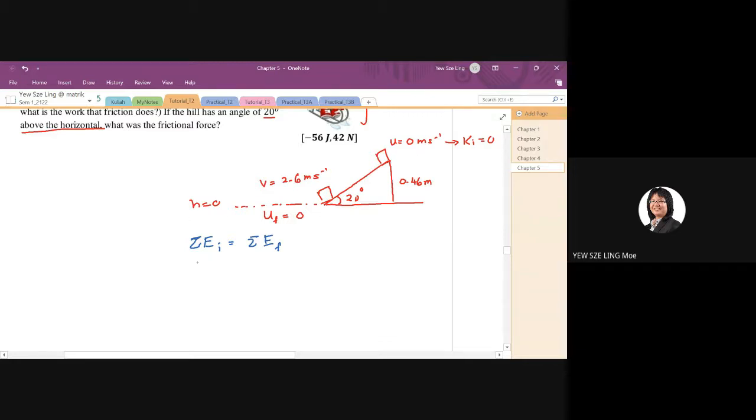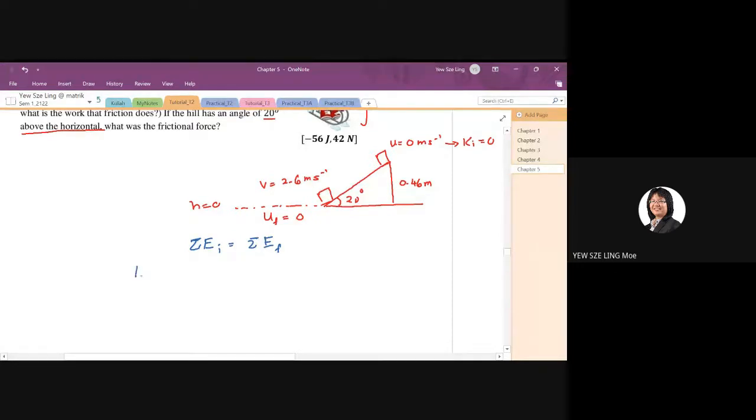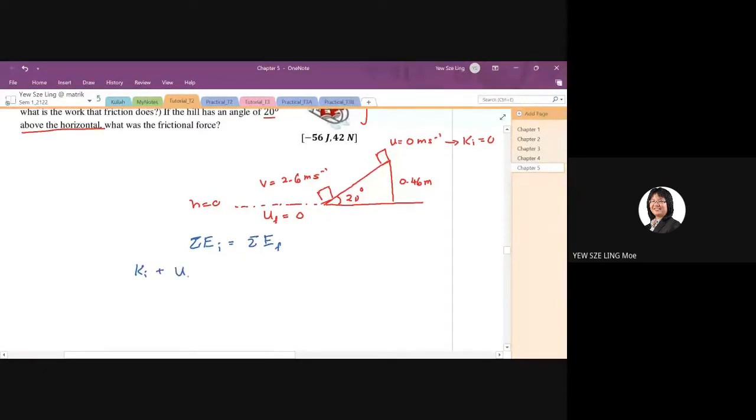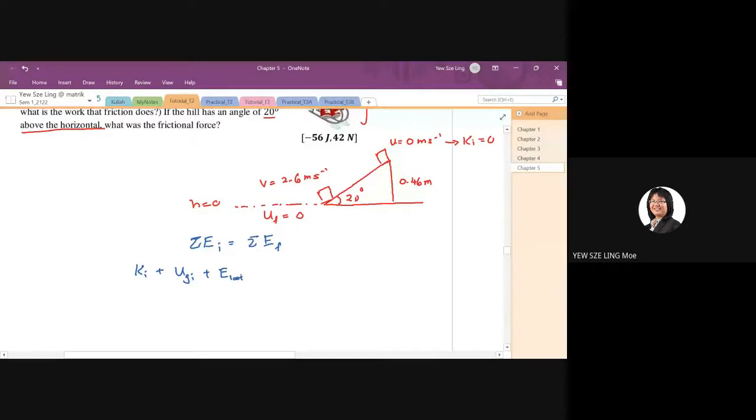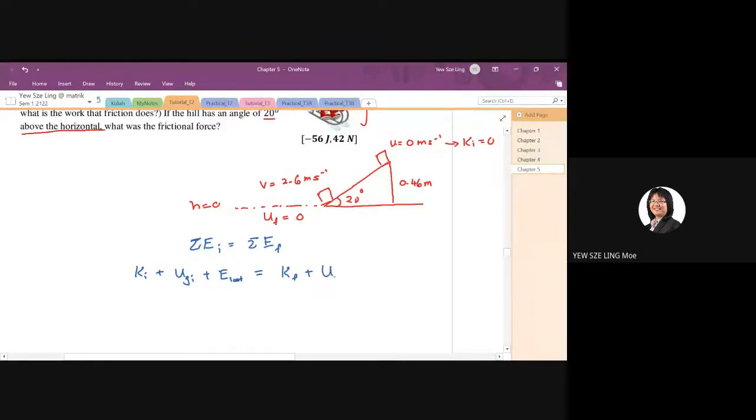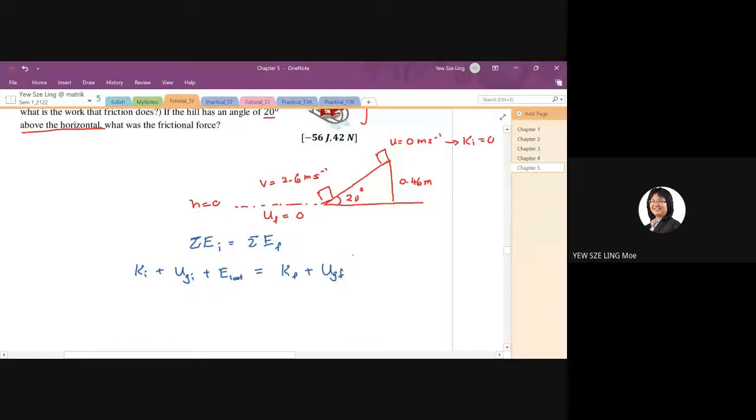Therefore, I'm just going to write all of them in my equation: K initial plus UG initial plus energy loss equals K final plus UG final. I don't have to add US initial and US final because there's no spring in my question.